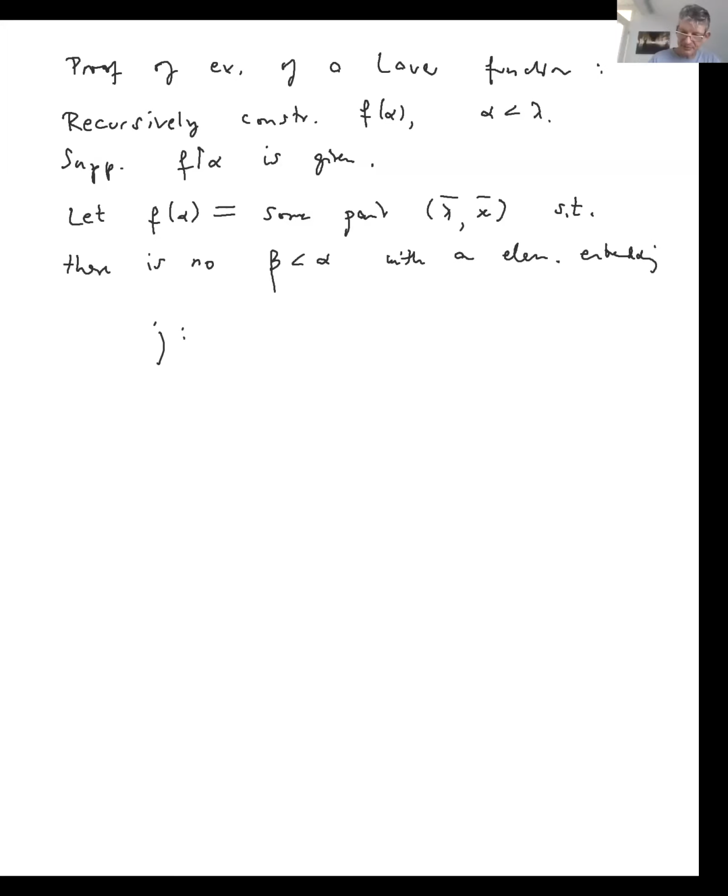Okay. So without loss of generality, the range of f will consist of ordered pairs. So J goes from H sub the left component of f of beta into H lambda bar, and by this map J, the right component f of beta 1 goes to x bar. And I pick lambda bar to be least such.